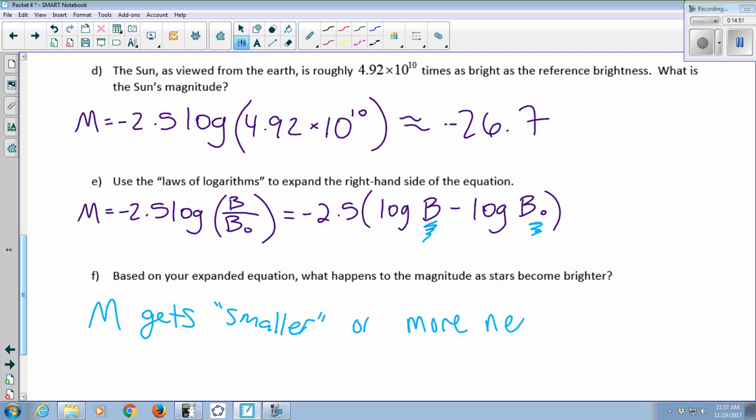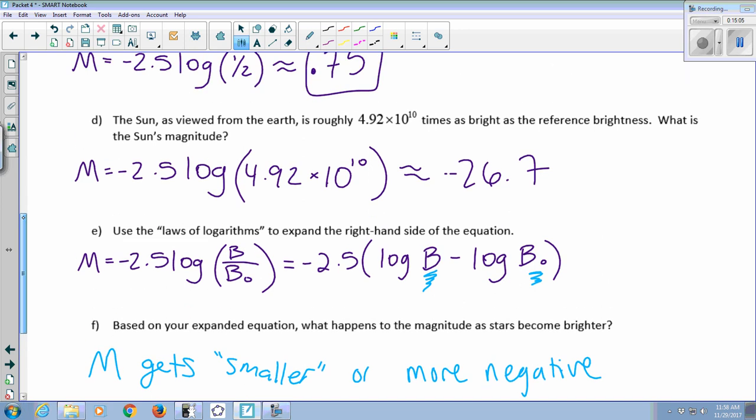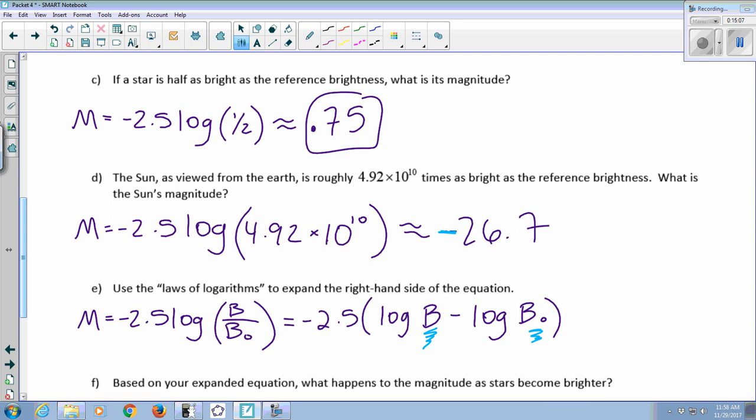Maybe decreases is a better way to describe it. As the brightness goes up, the magnitude actually goes down. So you might notice that the sun had a very negative magnitude, even though it's very, very bright, right? It's clearly our brightest star, yet it has a magnitude of negative 26.7.